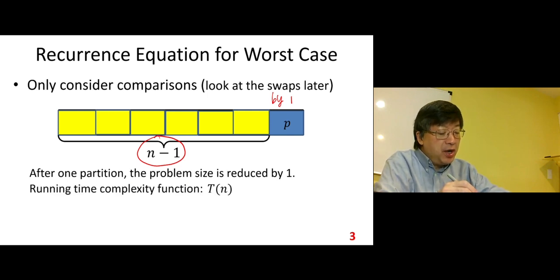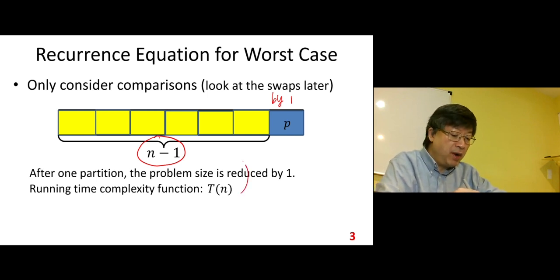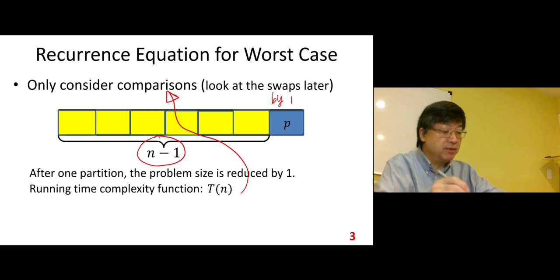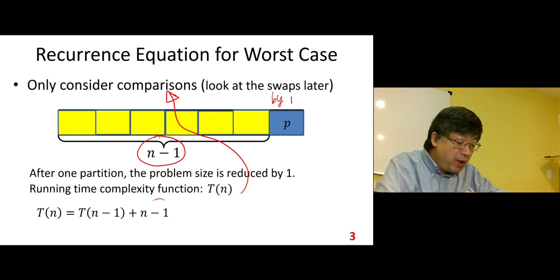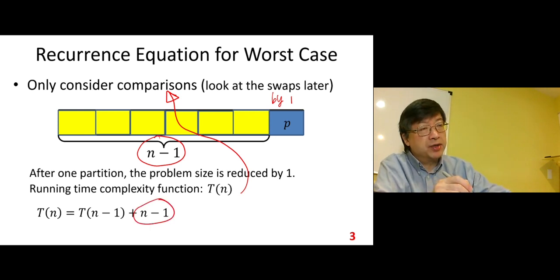So let us use T of n as the running time complexity function, or the number of comparisons it represents. Then T of n equals, when we do the partition, we need to pay n-1 comparisons.